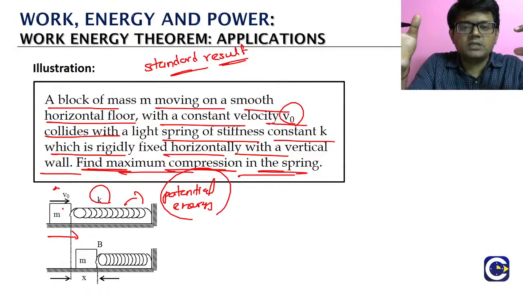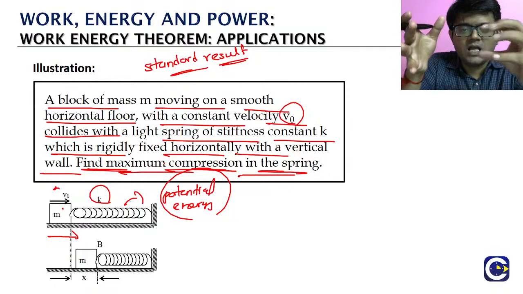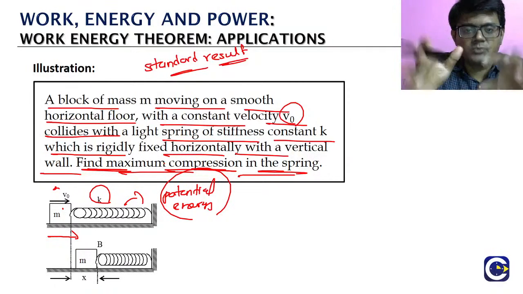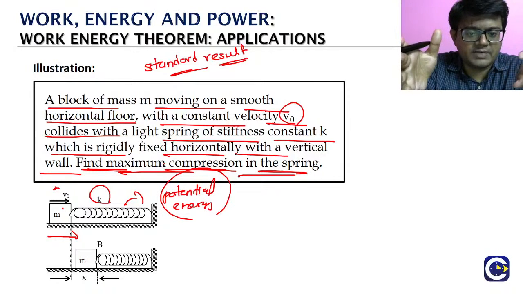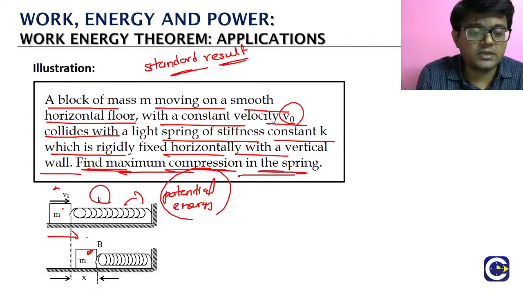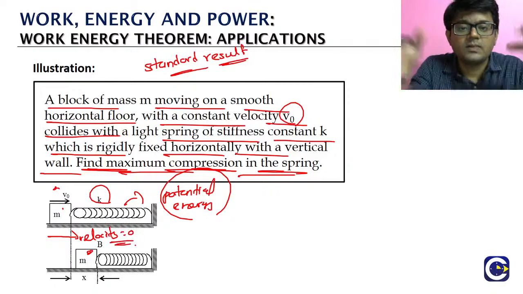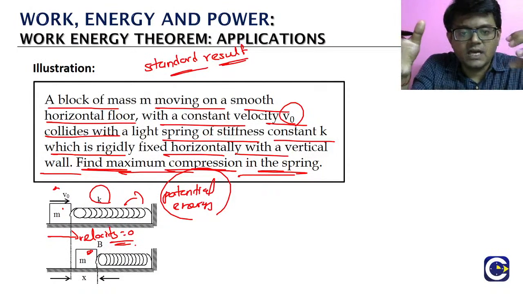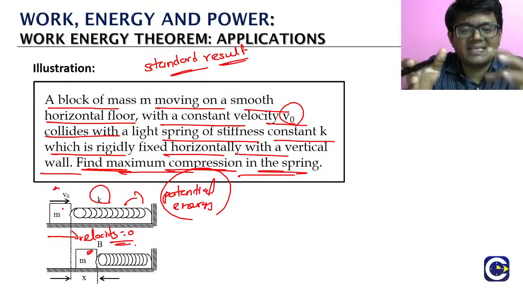The block is not able to compress any further, that is what we call maximum compression. So at maximum compression, the block is going to come to rest, because if it had some velocity it would keep compressing the spring. If it cannot compress further, the block is at rest.